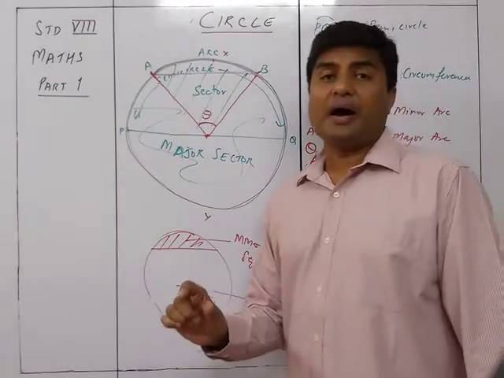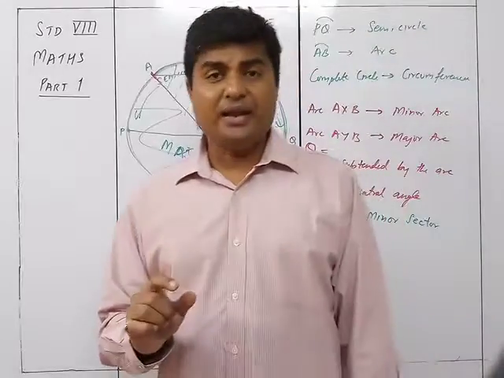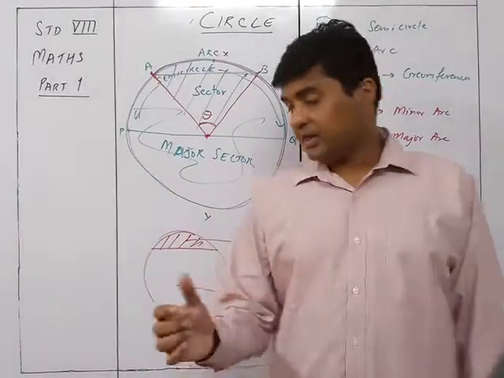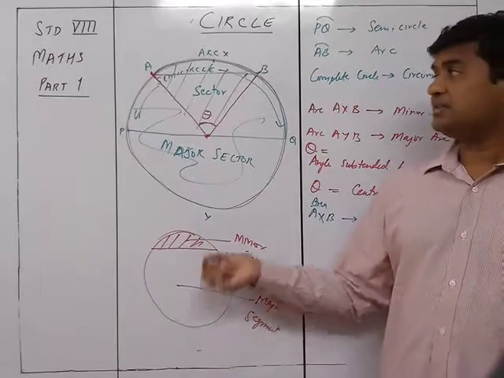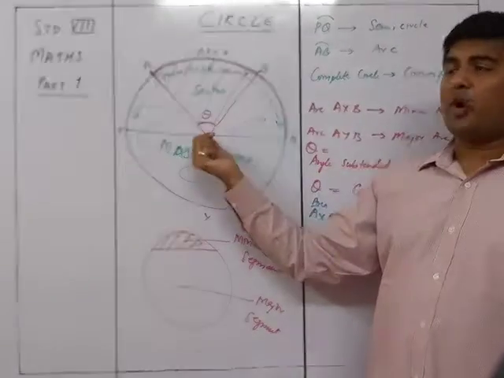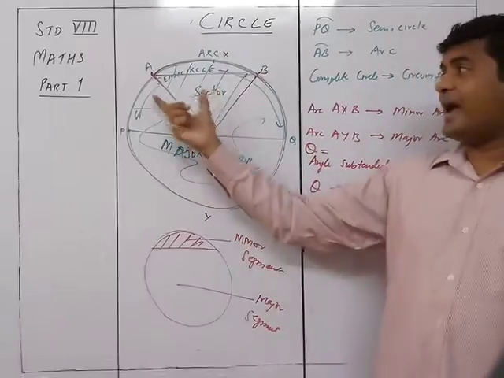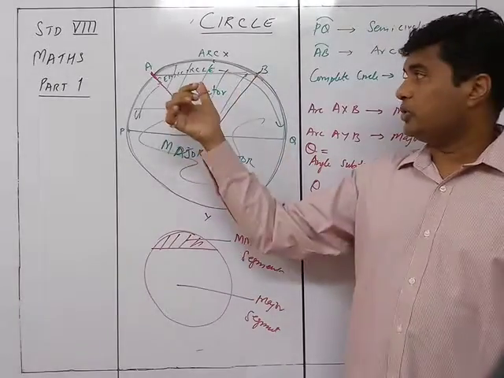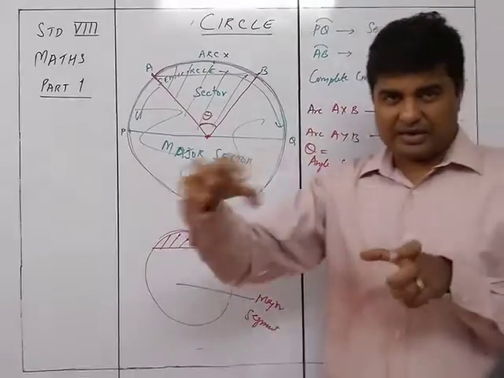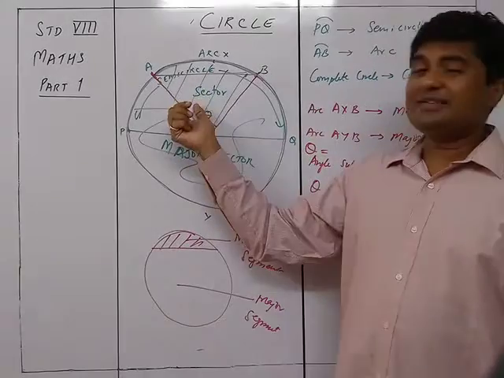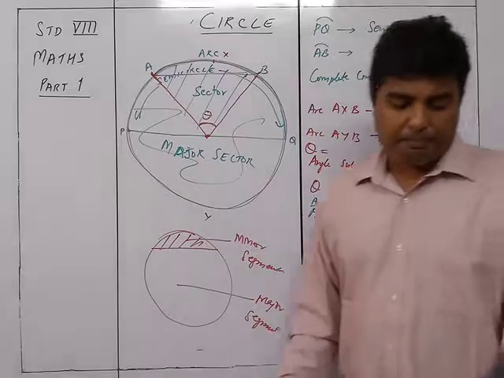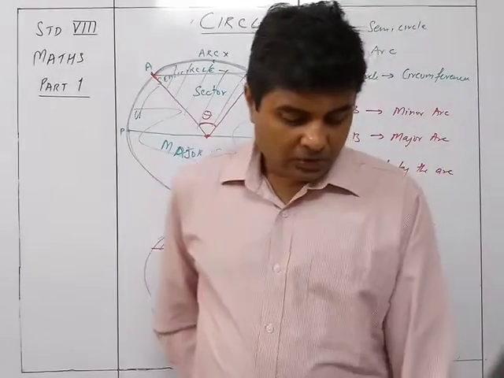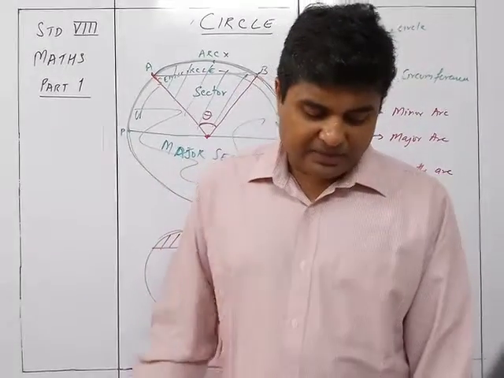The smaller part is called the minor segment and the bigger part is called the major segment. Whereas if the arc is forming a central angle, the central angle along with the arc will form two parts like a pizza piece. That is a sector: the minor sector for the smaller one, the major sector for the bigger one. That is about the segments.